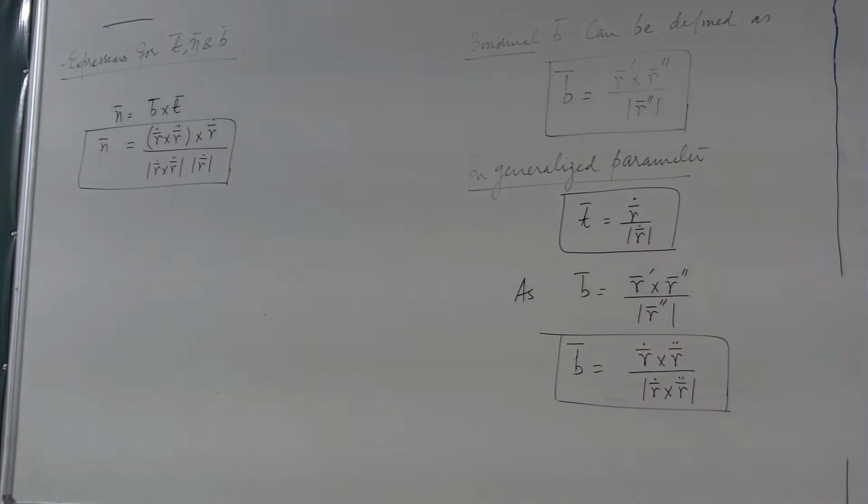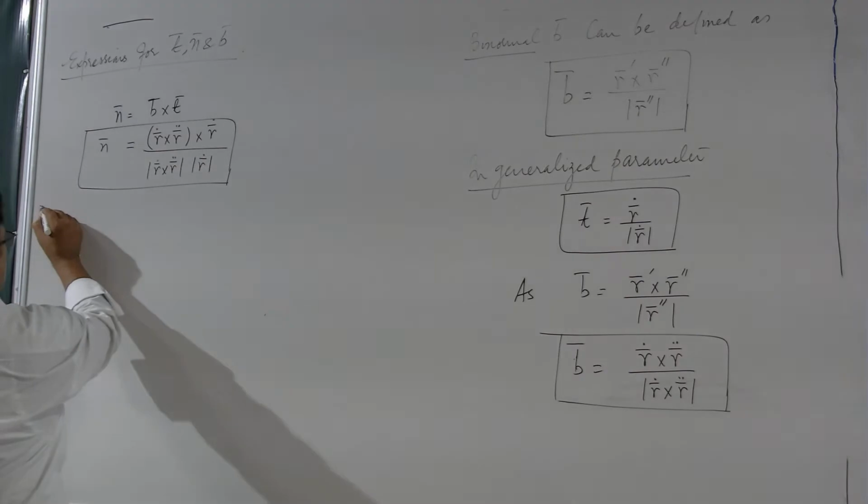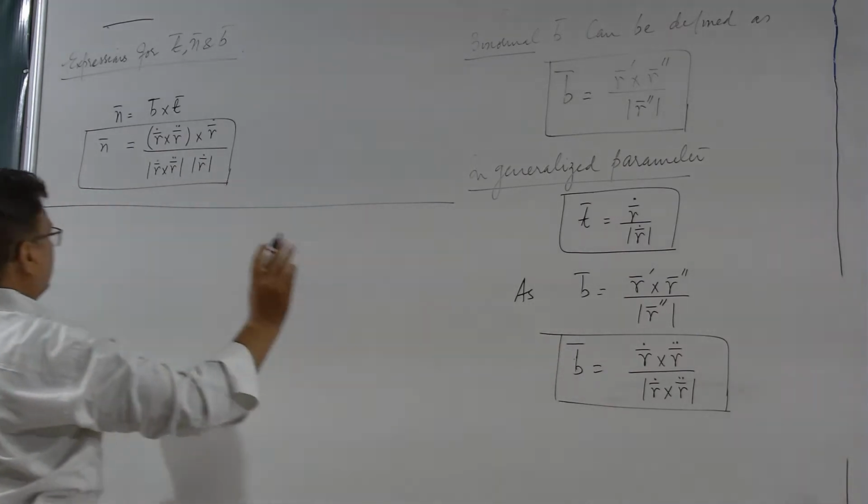Okay. So, all the expressions for T, N and B are available to us in natural parameter as well as generalized parameter. All right. So, the expressions for the Frenet-Serret formulas I have done.